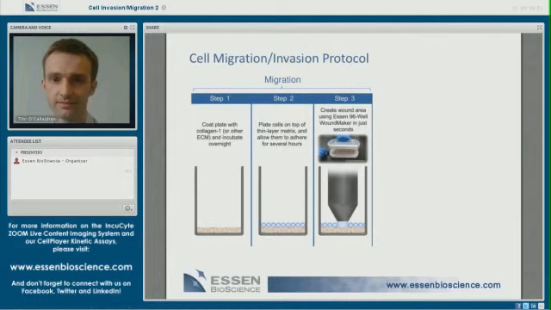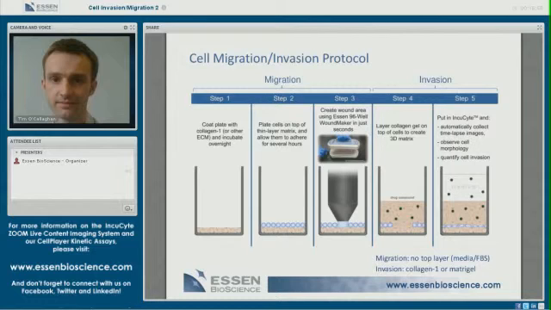Cells are then seeded on top of this substrate, and once they've grown to confluence, the 96-well wound-making tool can be used to create wounds in each well of the plate. After wounding, media containing treatment is overlaid on the wounded monolayer, and the plate is simply placed within InvasionMigration Zoom and images are acquired.